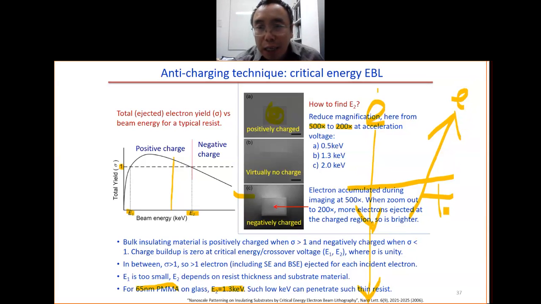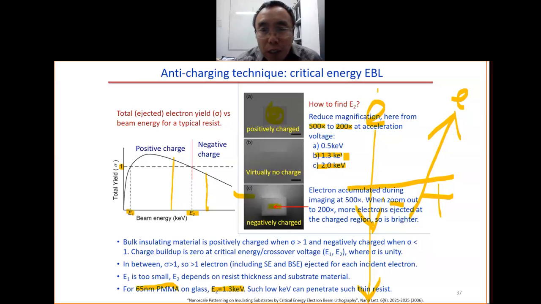That's why you get a smaller signal from the center part, and it appears dark. At 2 kilo electron volts, the substrate will be negatively charged. This negative charge helps the electrons come out, so you have a higher signal, brighter, in the middle part.